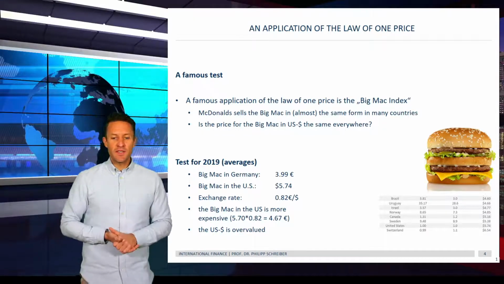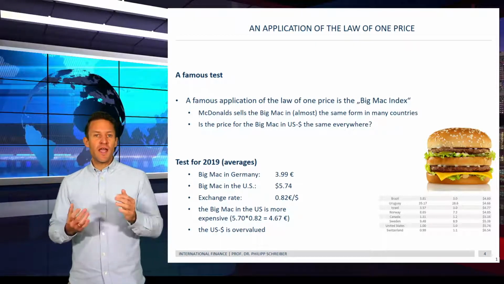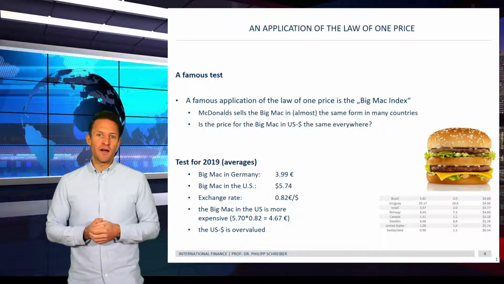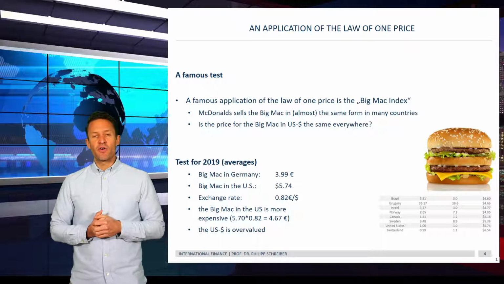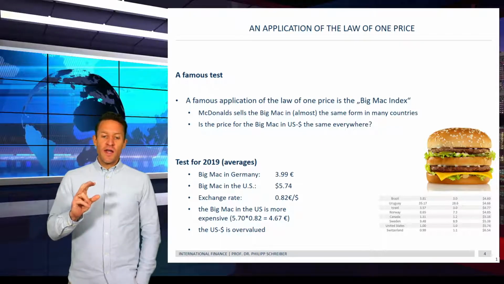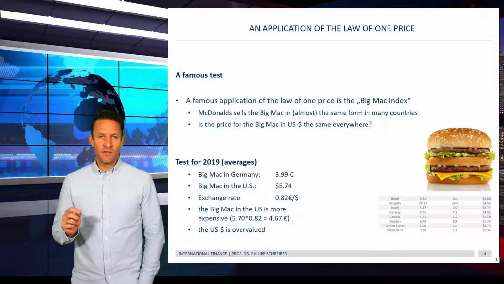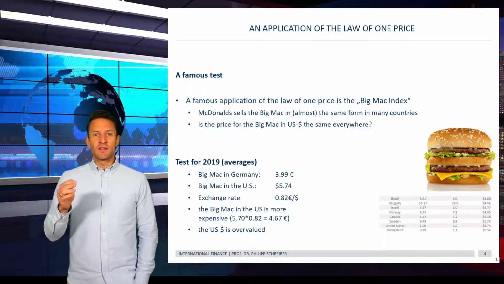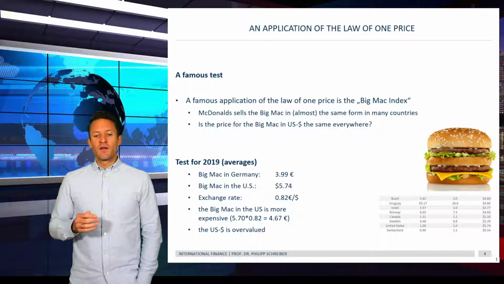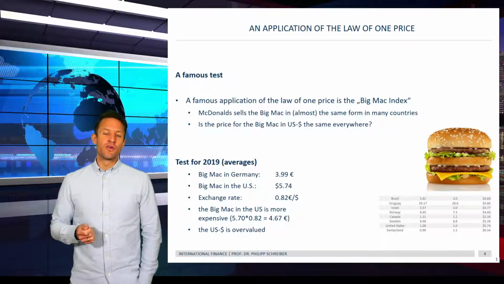For 2019, I used some data for Germany and the US. The average price of a Big Mac in Germany was 3.99 euros. The average price for a Big Mac in the US was 5.74 US dollars. The average exchange rate over the whole year 2019, January 1st till December 31st, was 1 US dollar is 0.82 euros.